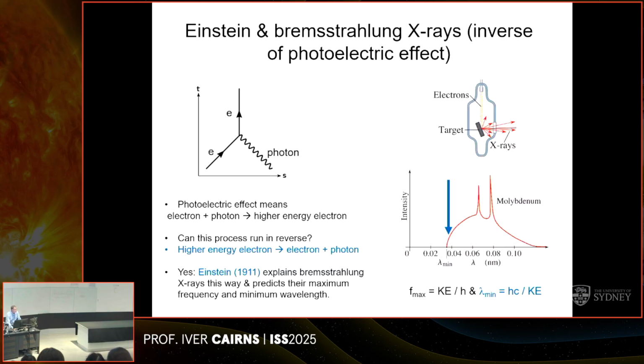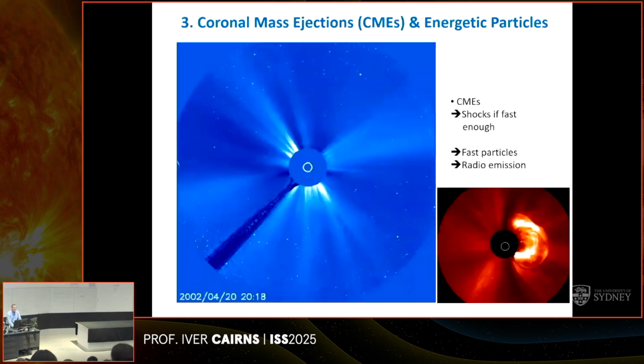Then you can look at the X-ray spectrum, and it has a maximum frequency, minimum wavelength, corresponding to the maximum energy of the electrons. This is how the X-rays that I was just showing you get produced: energetic particles getting close to other ones, being moved by the electric charges and giving up photons. So a little bit of Einstein is a good thing.